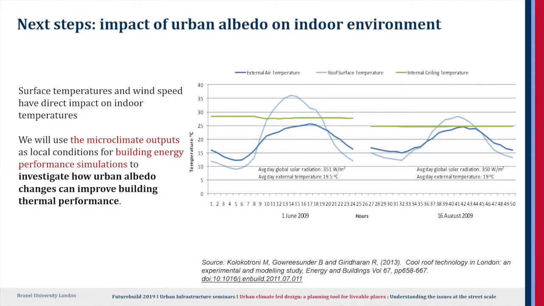The next steps of the project will be to analyze in more detail how the variability of the surface temperature, the facade temperature, affects the indoor environment of buildings, and so how they could be improved to mitigate the overheating risk.